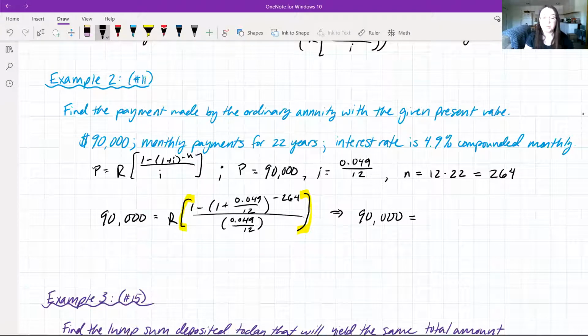And if you do, you should get 161.38 times R. So now all we need to do is divide each side by 161.38.